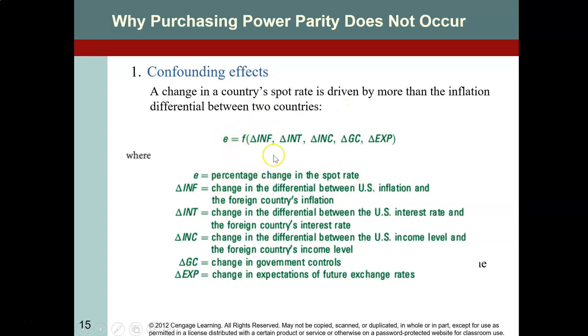The percentage change in the spot rate, E, is a function of the change in the inflation rate differential between the two countries, also the interest rate differential, the income differential between the two countries, and also changing government controls and changes in expectations of future exchange rates. Okay, so it's not only affected by inflation difference.